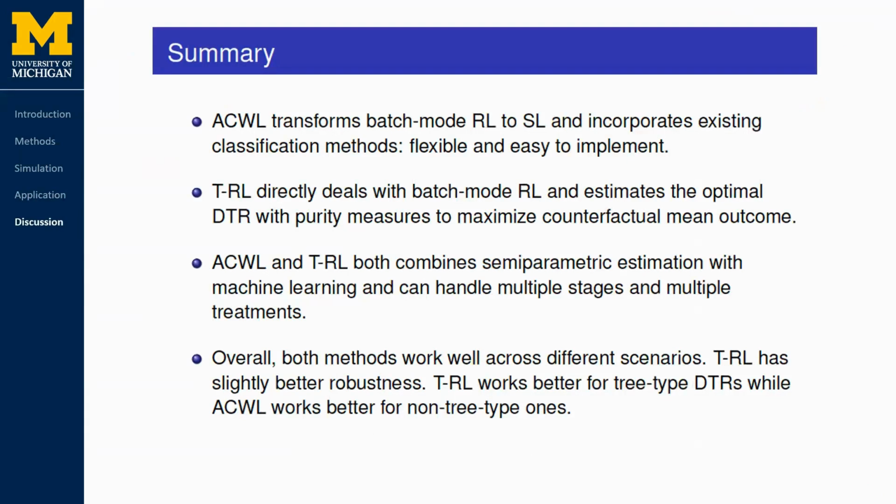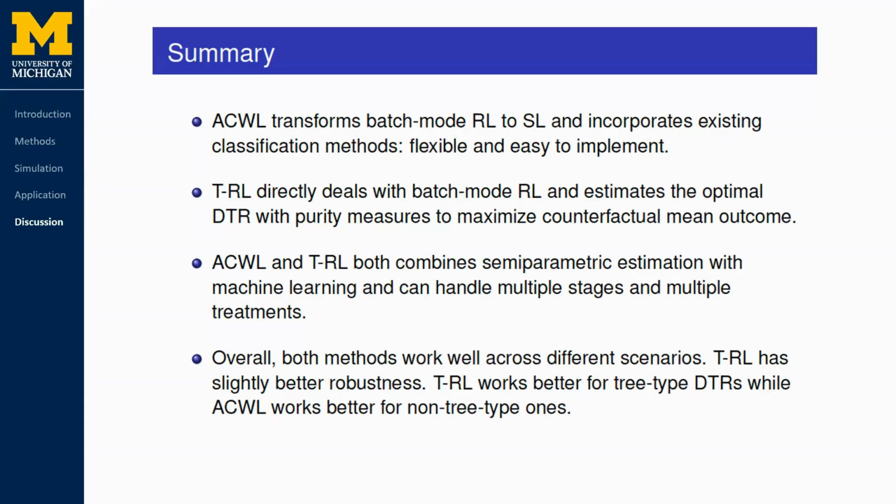conformative. Okay, to summarize, I hope you can take home some messages. Adaptive contrast weighted learning transforms batch mode reinforcement learning to supervised learning, and that can incorporate the existing classification methods. So it's very flexible, and very easy to implement.